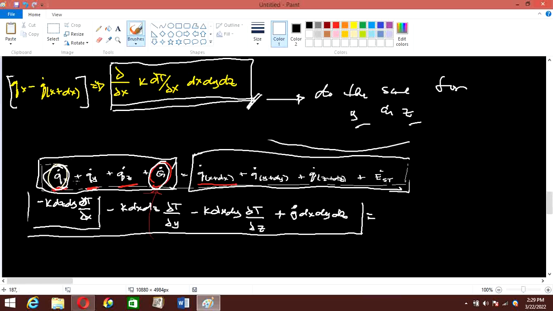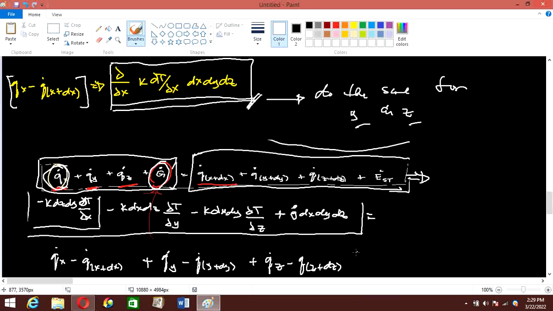Okay, so having these expressions, we can now simplify this energy balance by having our qx minus this part here, x plus dx. Okay, and then plus qy minus q y plus dy, plus the z part, the q of z minus z plus dz, right?